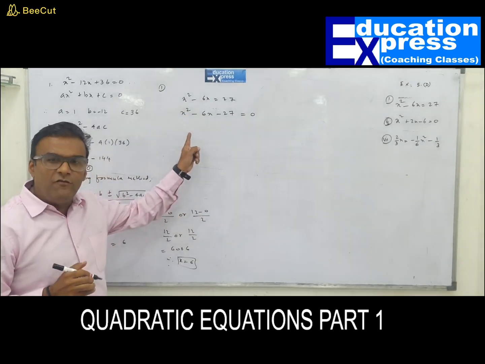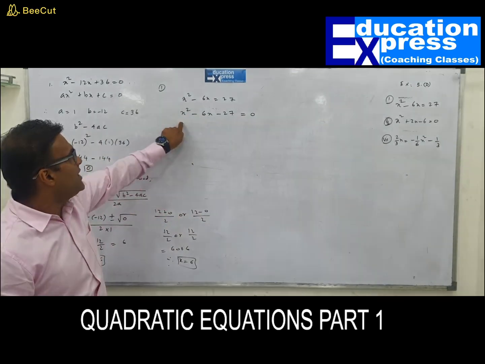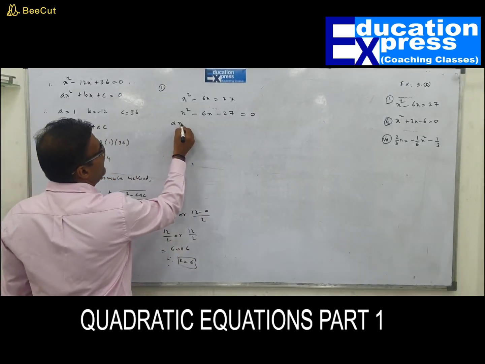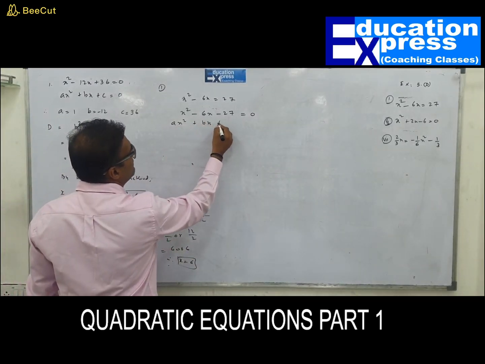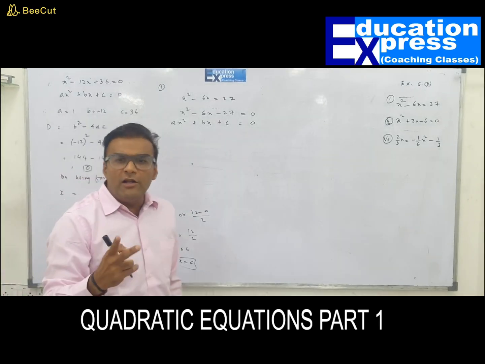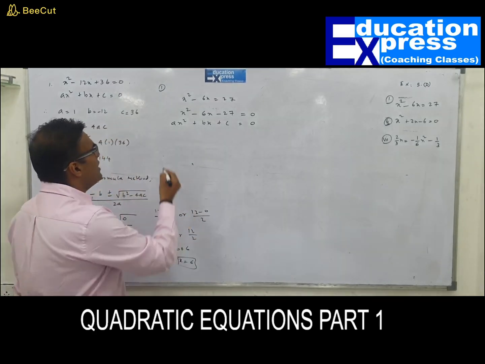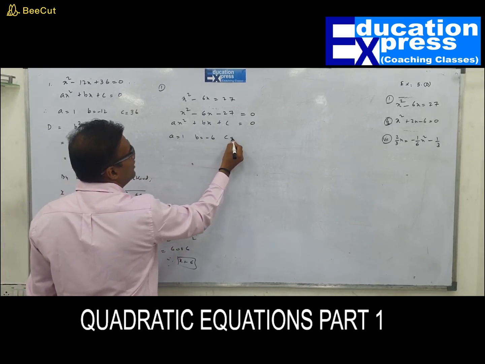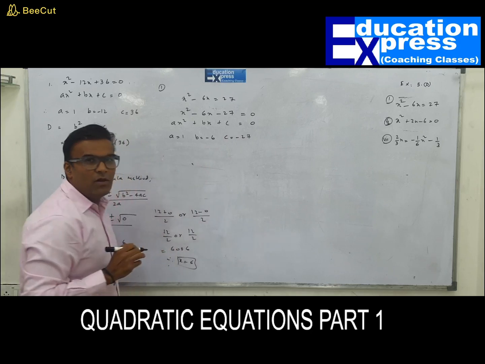Is this the standard form? Of course, this is the standard form: ax squared plus bx plus c equals 0. So please do write the standard form. Step number 2: find the values of a, b and c. So the value of a is 1, the value of b is minus 6, the value of c is minus 27.